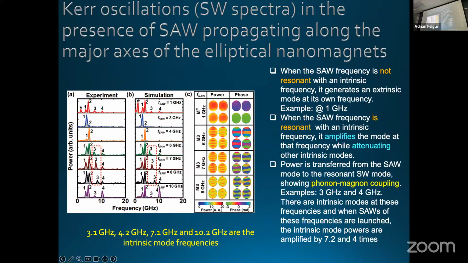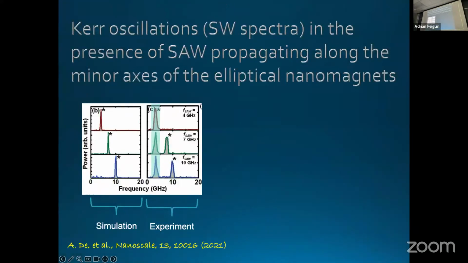You can see that the peak is amplified a lot at 4 gigahertz, a strong peak, both in simulation and theory. There are intrinsic modes at this frequency, and SAWs of this frequency are launched. The intrinsic mode powers are amplified by 7.2 times for 3 gigahertz and 4 times for 4 gigahertz. The effect is less pronounced at high frequencies.